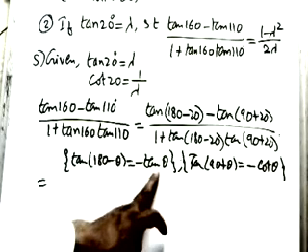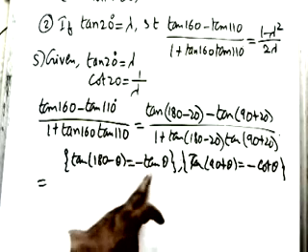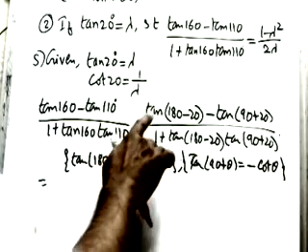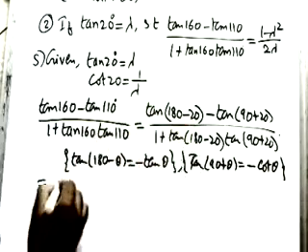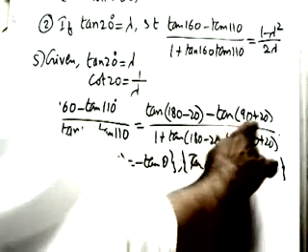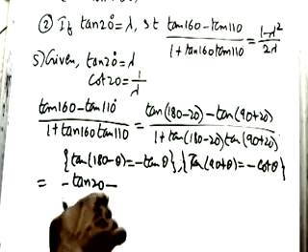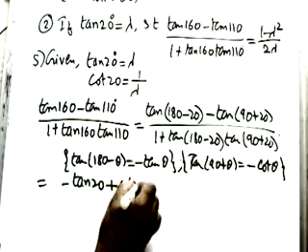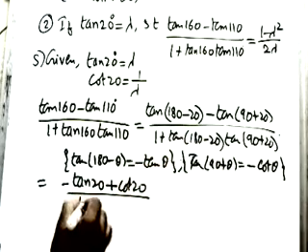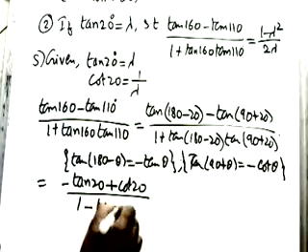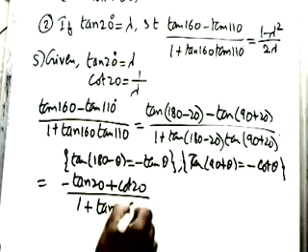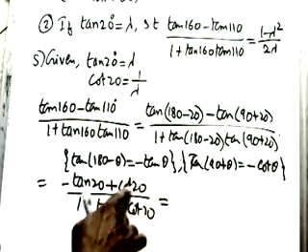Now see here, we have two formulas. Tan 180 minus theta is minus tan theta. And tan 90 plus theta is minus cot theta. So let me substitute here. Tan 180 minus theta is minus tan theta, and minus tan 90 plus theta is minus of minus cot theta, so plus cot theta, divided by 1 plus, minus tan 20 into minus cot 20, which is again minus of minus, so tan 20 cot 20.